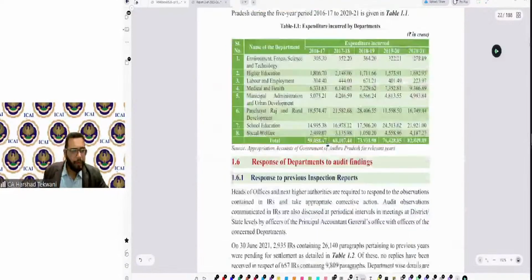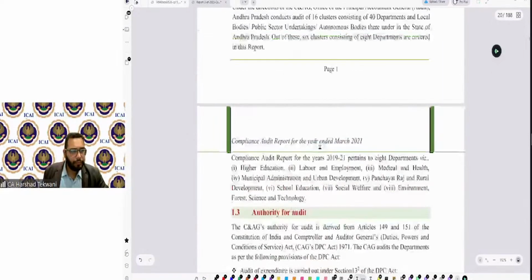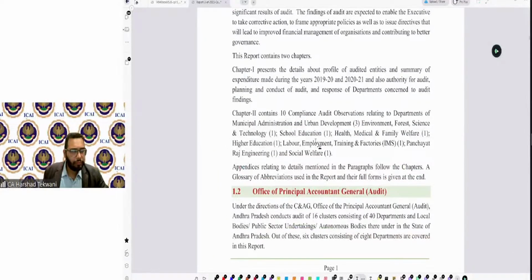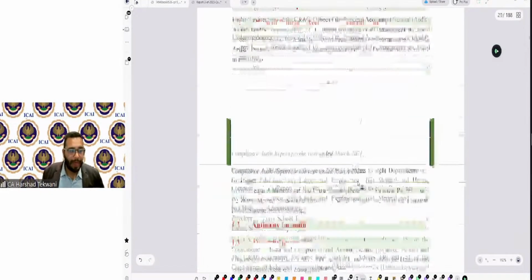I'll show you the subject matter that we are talking about. Chapter 2 contains 10 compliance audit observations on different areas, based on different subject matters or policies that were supposed to be complied with.